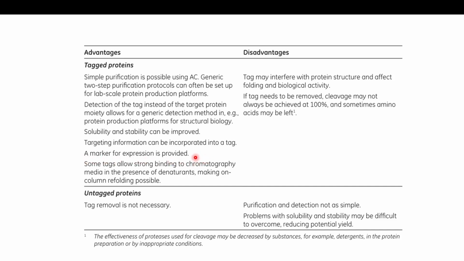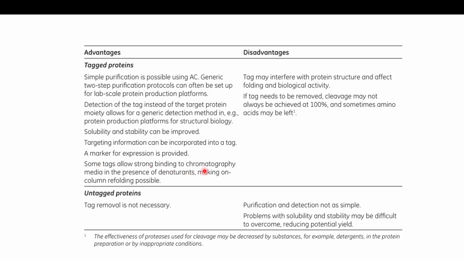Suppose a protein is tagged with GFP, then you can easily see the presence of GFP in the eluted volumes. Okay. If the GFP is there in the eluted volumes, the intensity of the color can give an idea about the concentration of the protein present in the eluted volume, or simply the fraction.